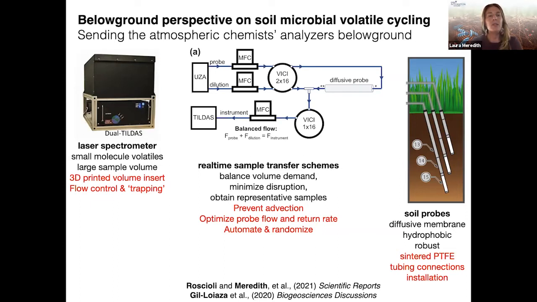We've done a lot of work on achieving really controlled flow and different types of sample transfer to the analyzer, trapping that sample for observation. We're really interested in preventing advection across that probe, which could suck gases out of the soil or add a lot of gas in, which is not our objective. And so we've done a lot to control that flow, prevent advection, and really build this system that allows us to make non-disruptive measurements.